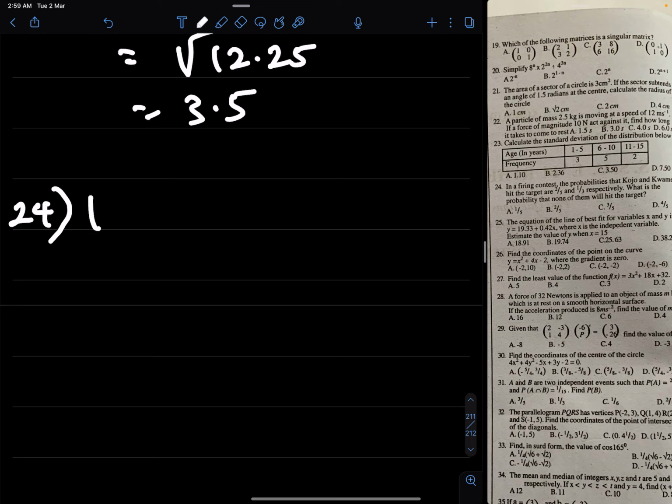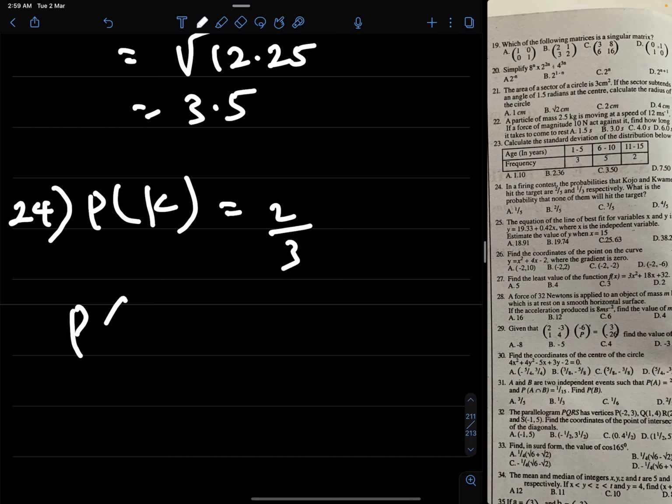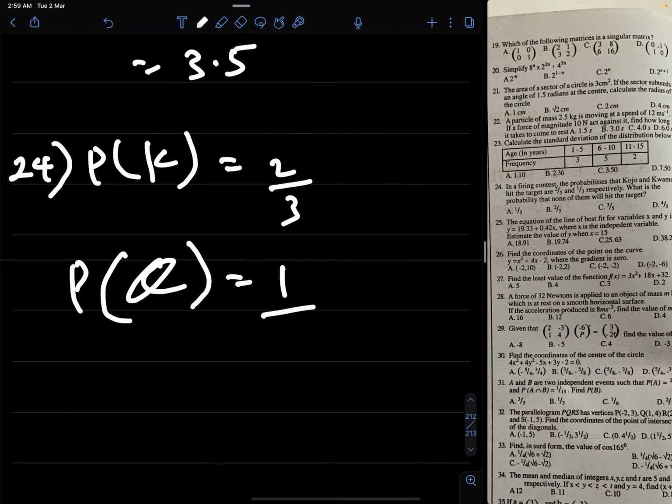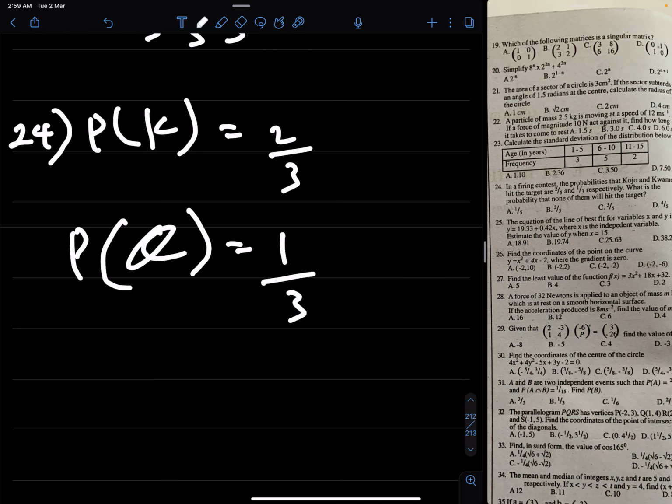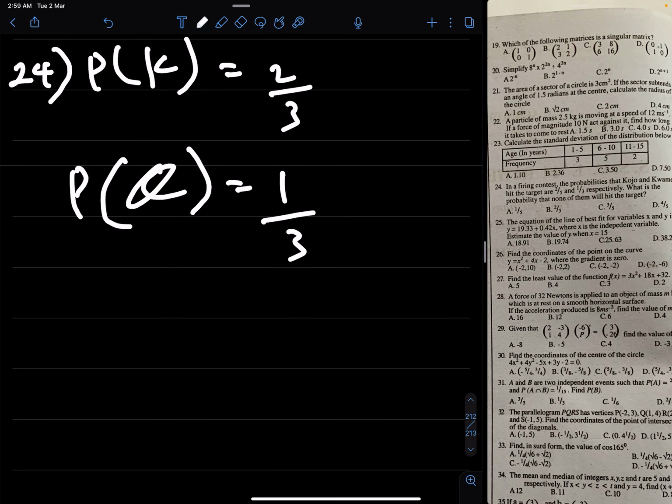Let the probability that Kojo hits it be P of K, which is 2/3. And the probability that Kwame hits it, I'm using Q for Kwame, P of Q, which is 1/3.